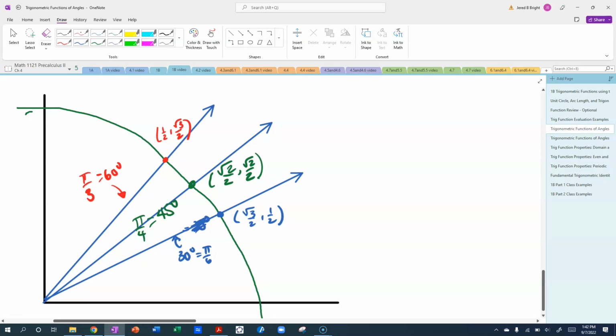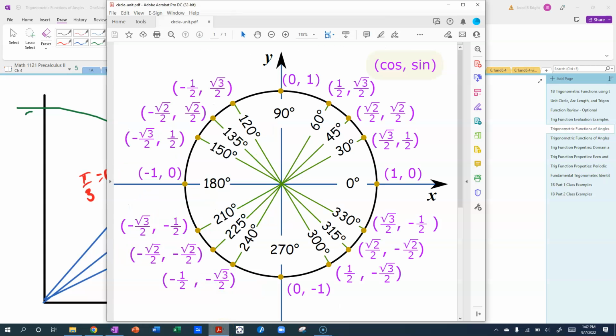And in fact, we know that with quadrant 1, if you do reflections across the x or y axis respectively, you can complete the whole unit circle. I did a quick Google search and found this PDF. I like this picture because it has the angles labeled. I would like them labeled in radians too, like pi over 6, pi over 4, pi over 3, but you at least know the important angles along the unit circle and their coordinates.